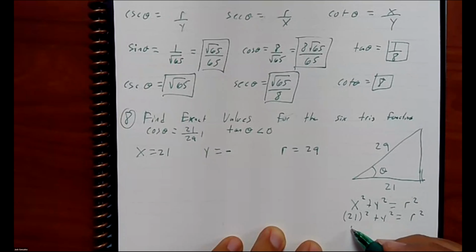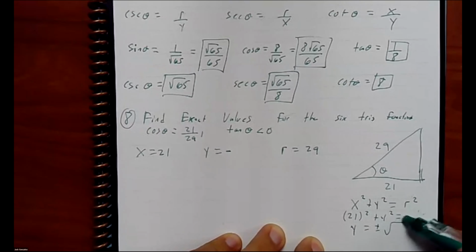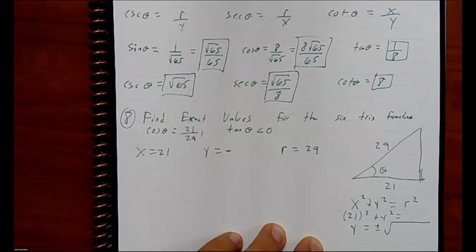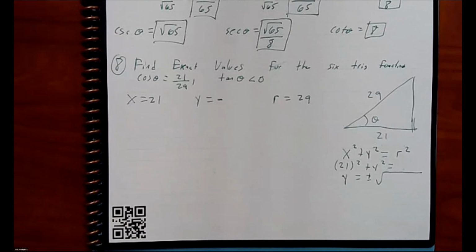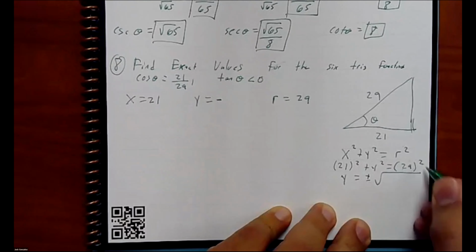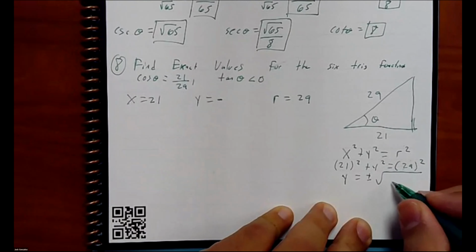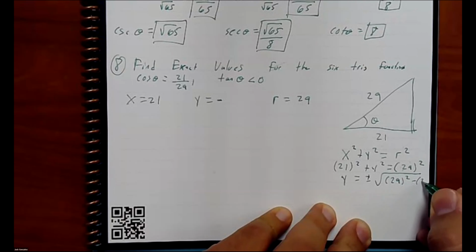Right, so do Pythagorean theorem. Y would be equal to plus or minus the square root. I forgot to put in the R. So that'll be 29 squared minus 21 squared.